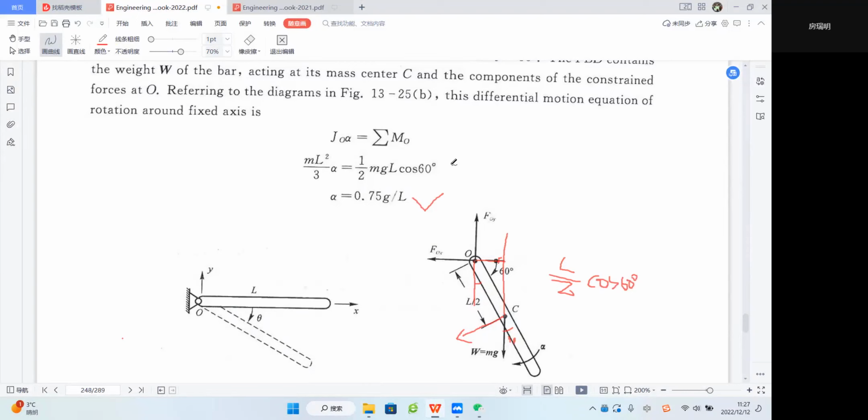So it's d. So two methods get the same result. You can easily find alpha, right?